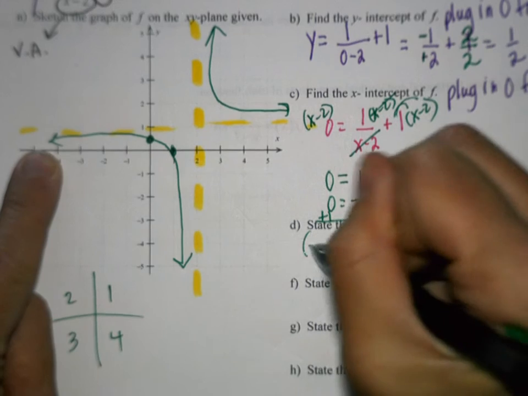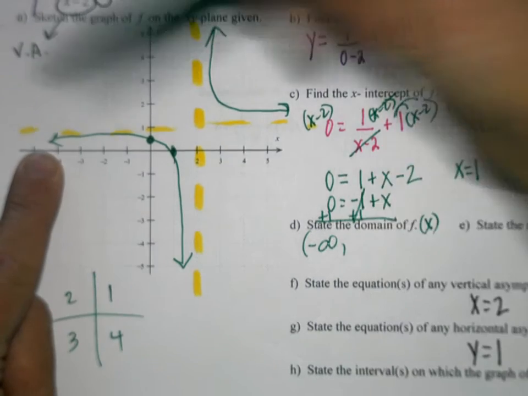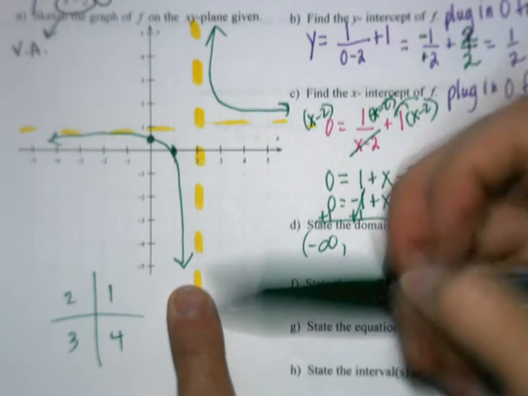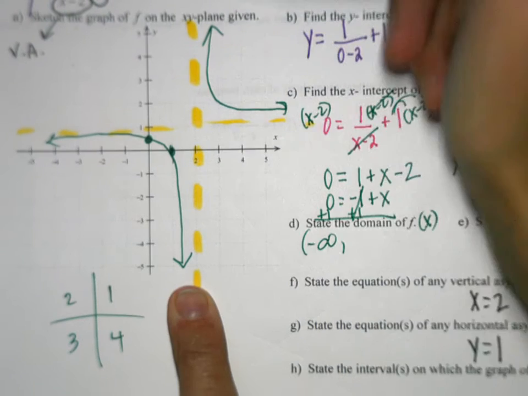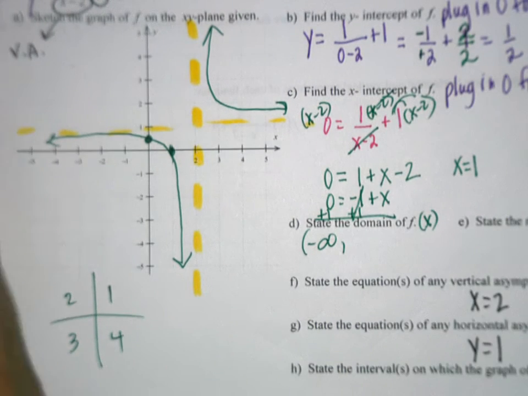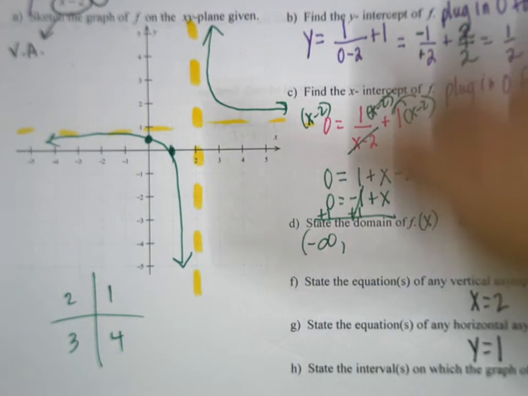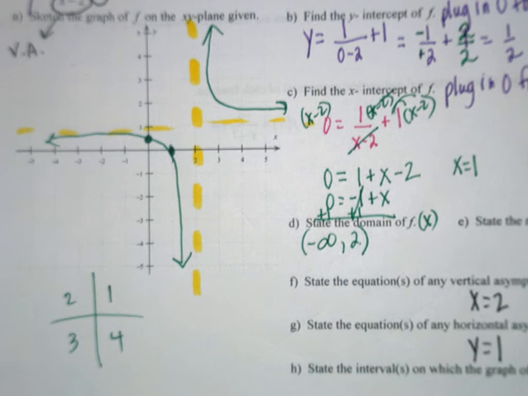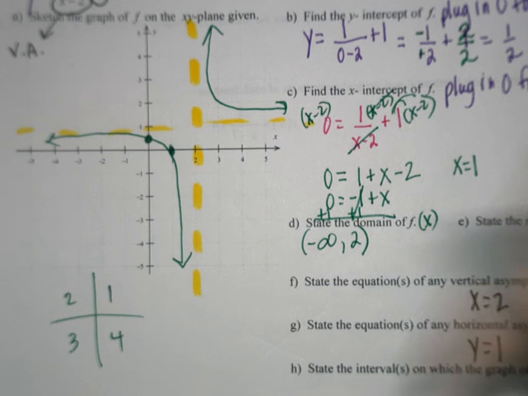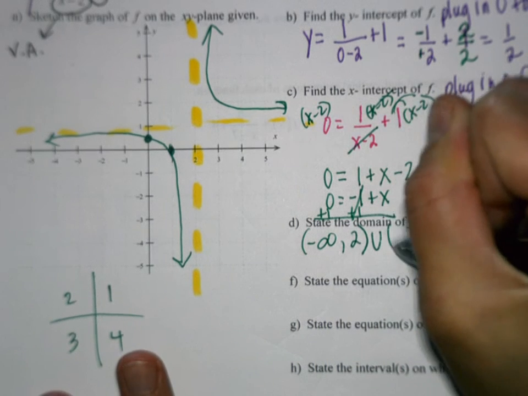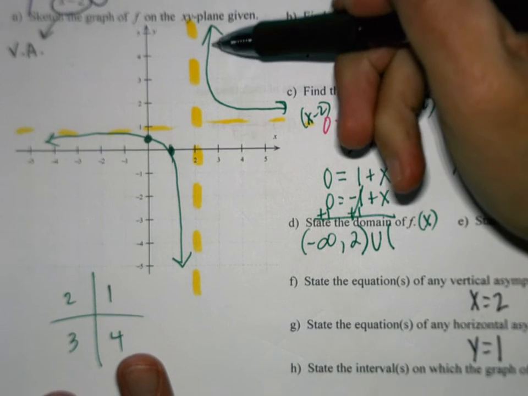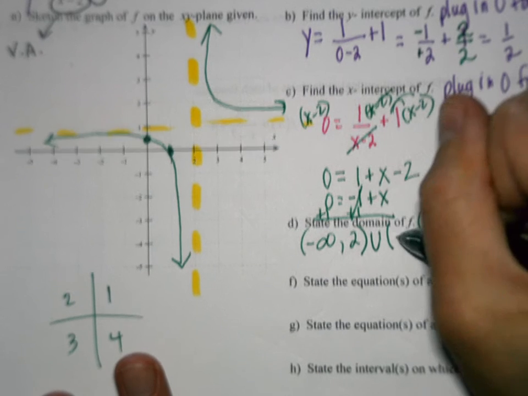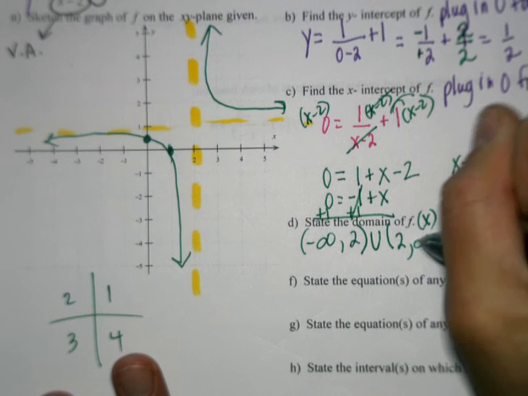Negative infinity. It goes until this asymptote, it will not touch this value. Where does it stop at? 2 with the parenthesis, because it will not equal 2. It'll get really close to 2, but it will not equal 2. And then we do our union, and it starts back up again at 2 with a parenthesis and goes all the way to positive infinity.